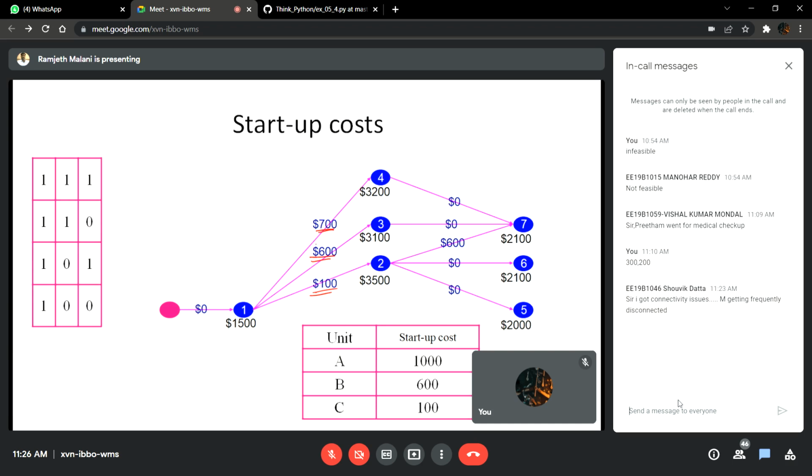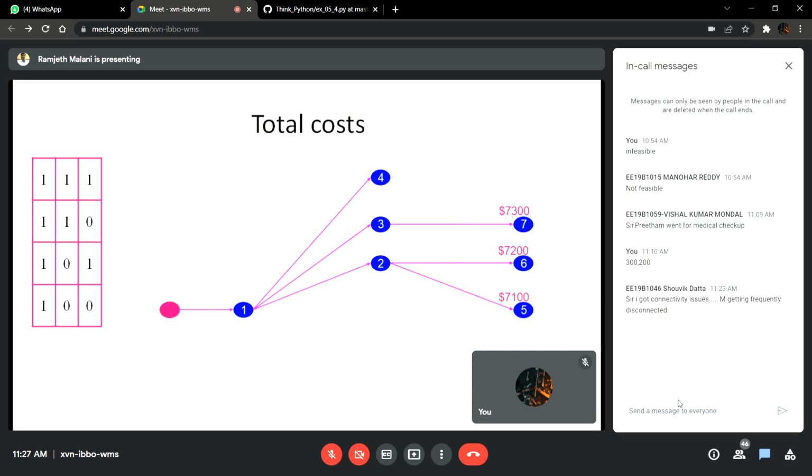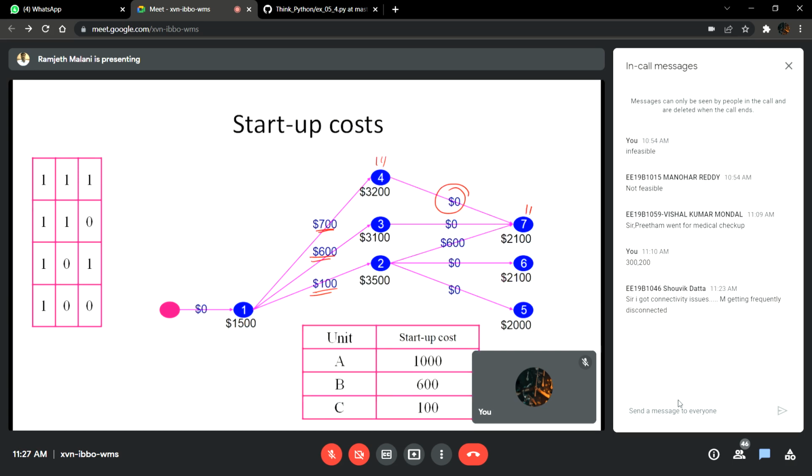Here the transition cost is mentioned as 0 because in this state all the generators were running. To move to this state, you have to turn off the third generator. Shutdown cost is not given. Shutdown cost generally may not be given, so we will assume that it is 0. So the transition cost is 0.